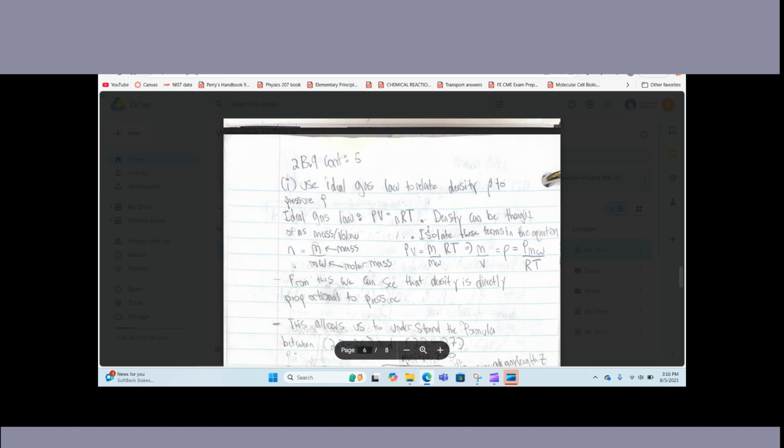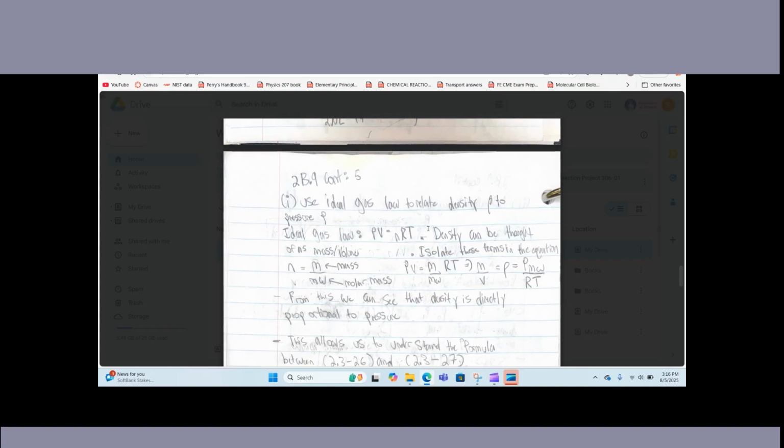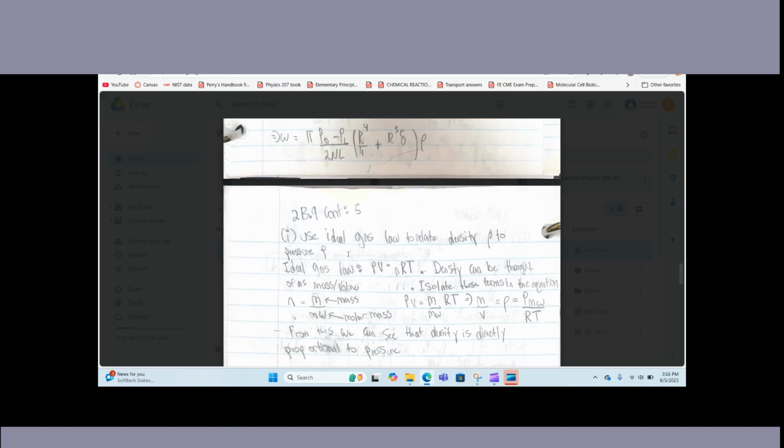So yeah, use the ideal gas law to relate density rho to pressure P. Ideal gas law, PV equals nRT, pretty standard stuff. Density can be thought of as mass per volume, kilograms per meter cubed. And the n in the ideal gas law is mass over molar mass, which equals moles.